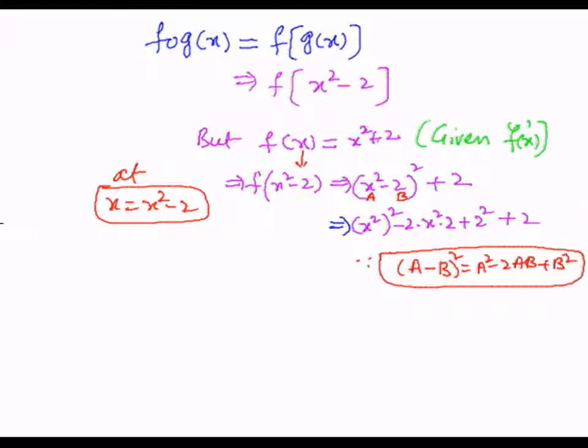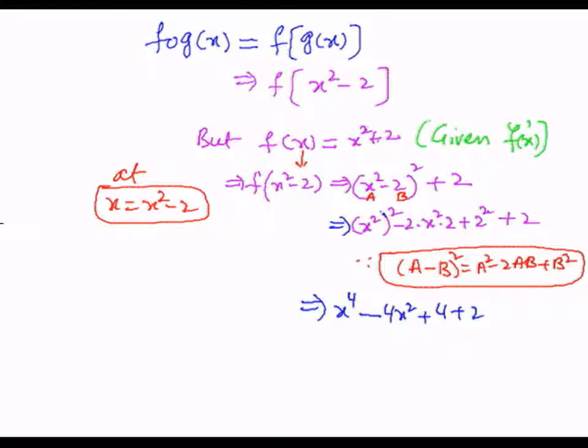Then the next logical step: it is in the form of a power m whole power n. So a power m into n indicates 2 into 2 is 4, minus 2 twos is 4 into x square is 4x square, plus 2 square, 2 multiplied twice, 2 twos is 4, then plus 2 copied as it is.